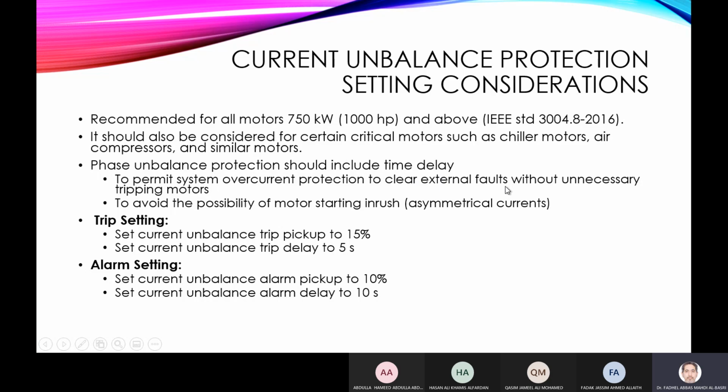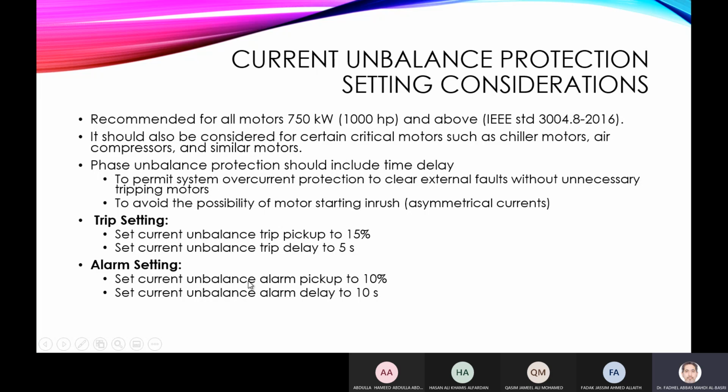So that's why these elements are always delayed. Also during inrush current, during starting current, the currents are asymmetric. If you add them, there will also be an unsymmetrical current, or a zero sequence current. So you also want to delay to avoid this situation.